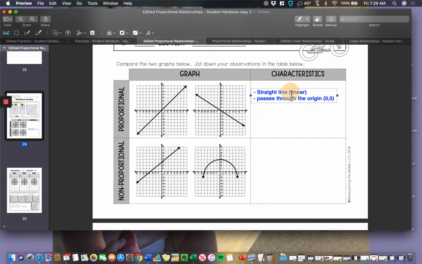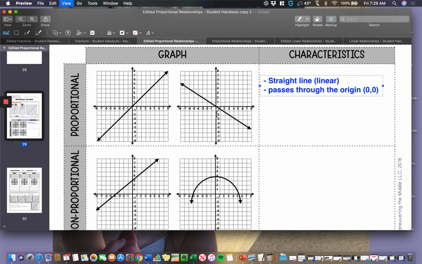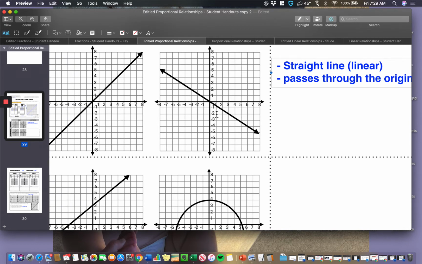And it's very important to know where that origin is for this lesson. It is right here in the middle, 0, 0.